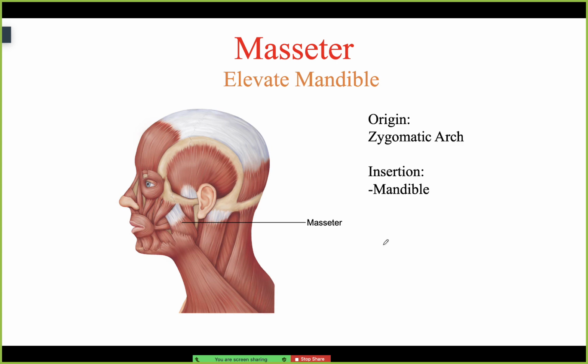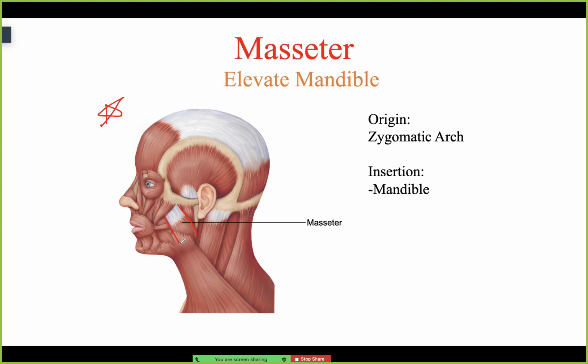The next one is called the masseter. And just as a heads up, you guys, I love this illustration because look at how beautiful it is. You can see all the muscles very clearly on the face and the superficial neck region. You see the muscles on the skull as well. The muscle we're looking at right now is this muscle.